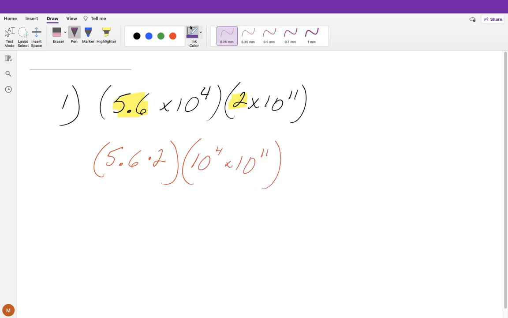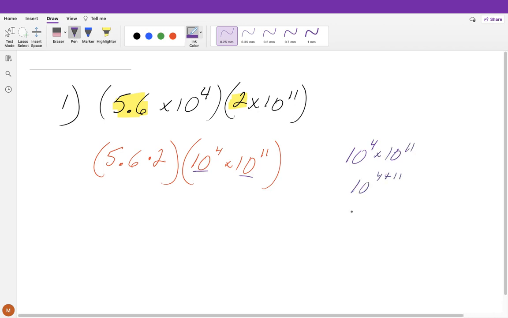Since these are like bases, we add our exponents when we're multiplying. So 10 to the fourth times 10 to the 11th is equal to 10 to the fourth plus 11, or 10 to the 15th power. So this now is going to be times 10 to the 15th power.